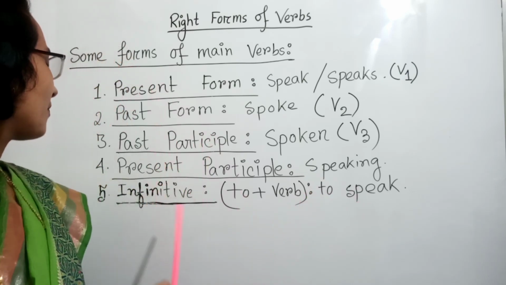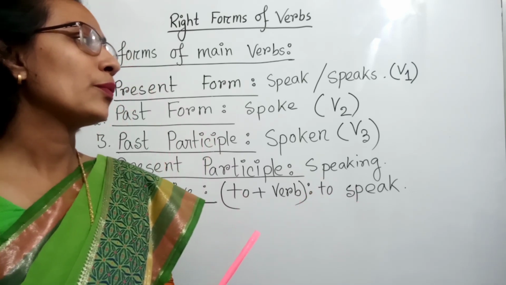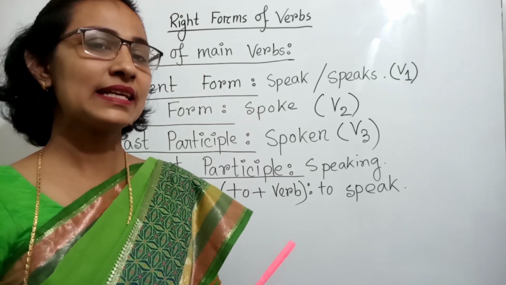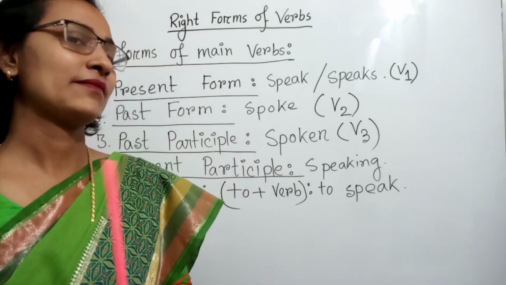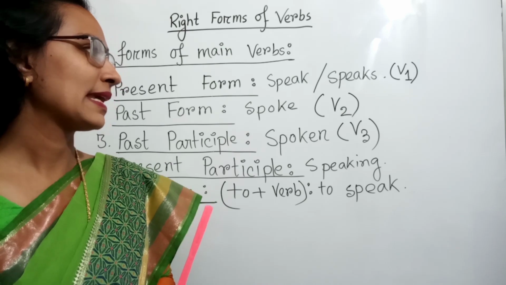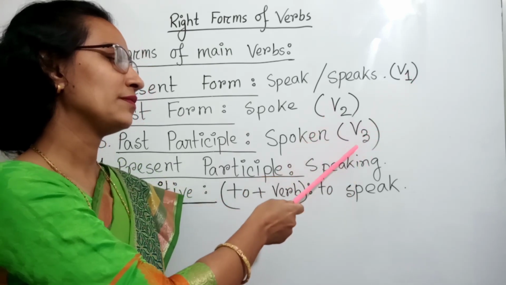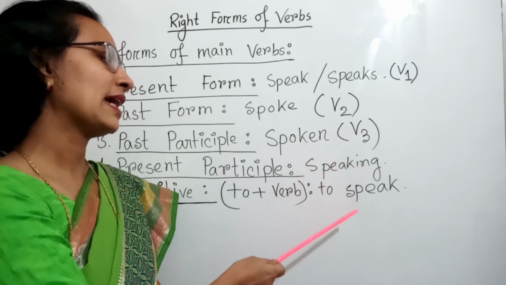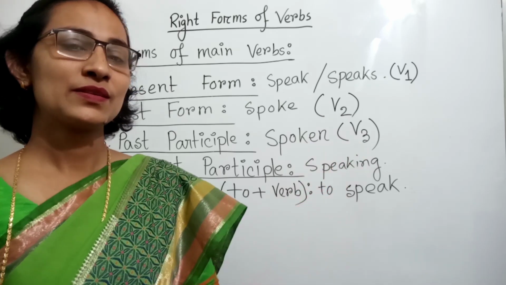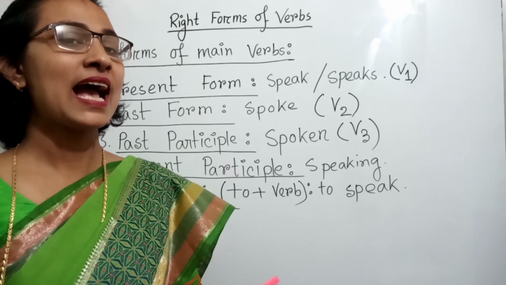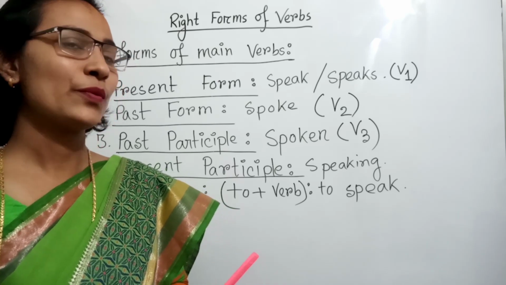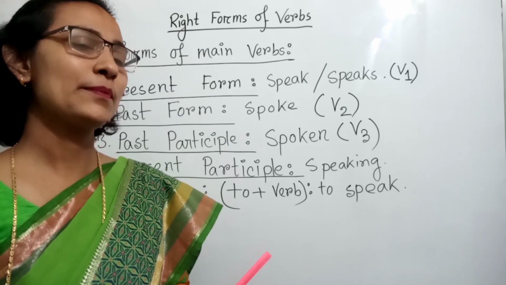So these 5 types of main verb we can use to indicate a right form of verb. In a passage, we can use V1, V2, V3, present participle and infinitive. So, in my next session, I will show you how we can use it in a passage.